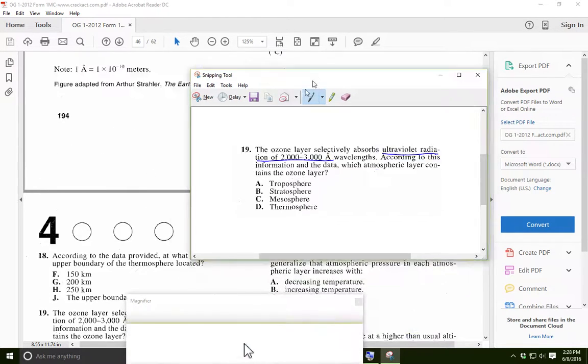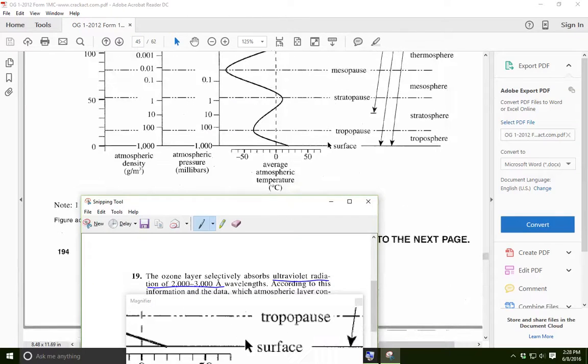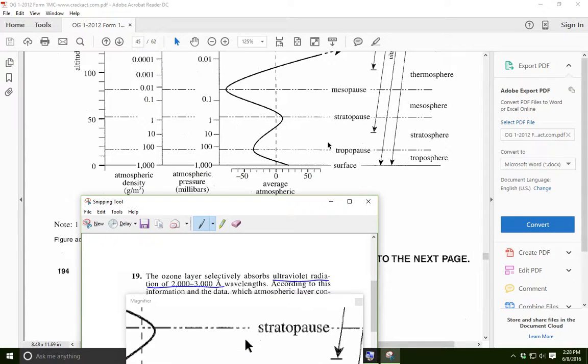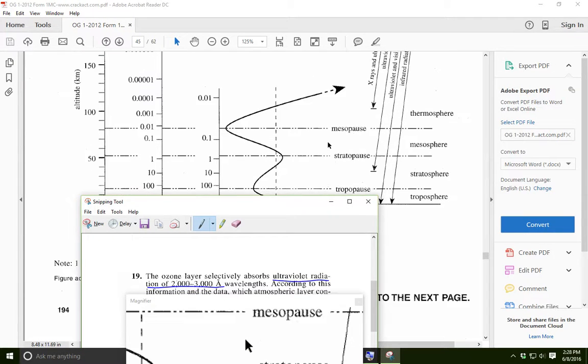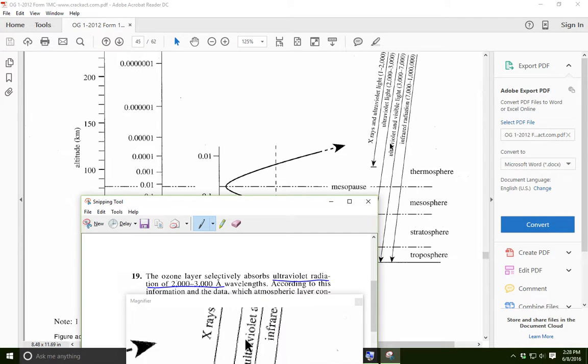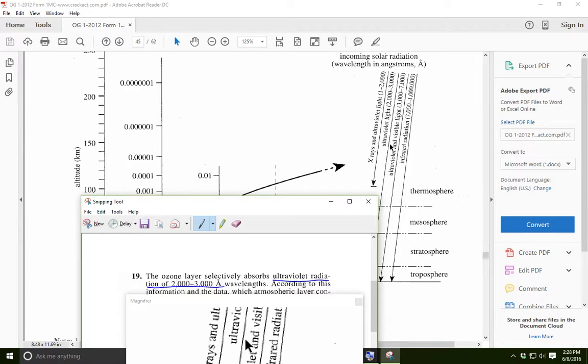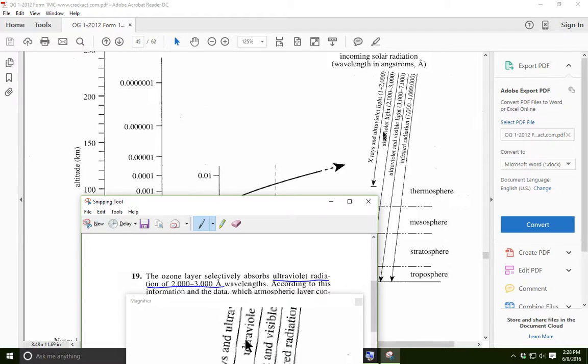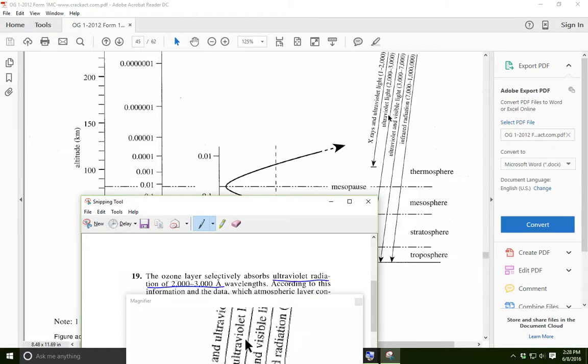Let's take a look at this figure. Ultraviolet light is 2,000 to 3,000 angstroms.